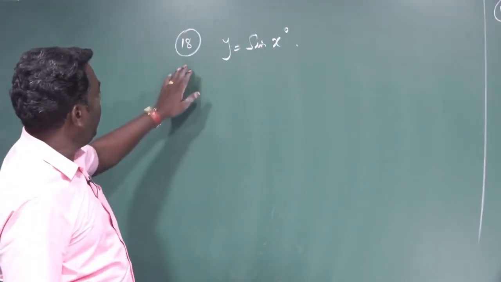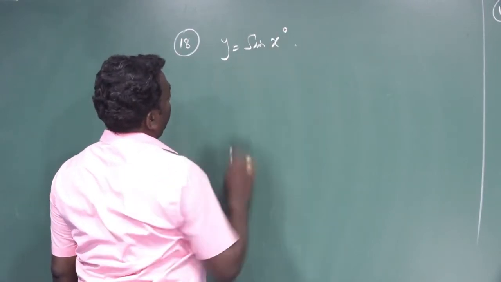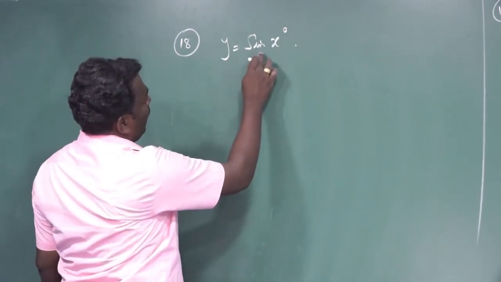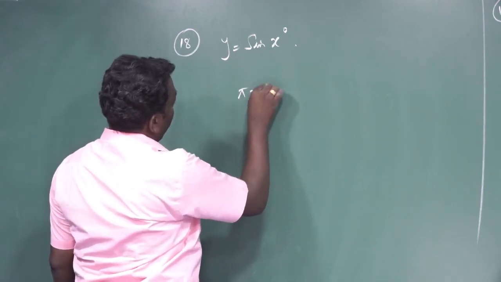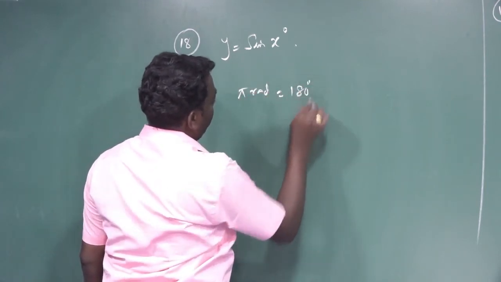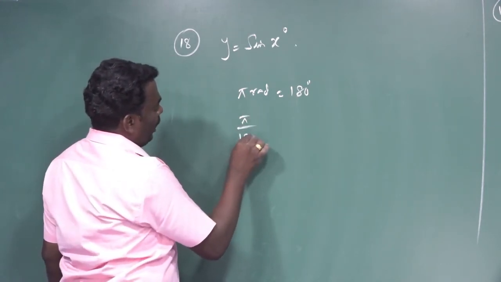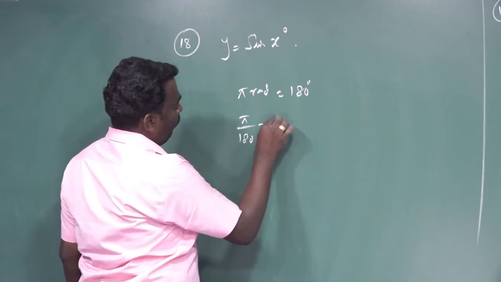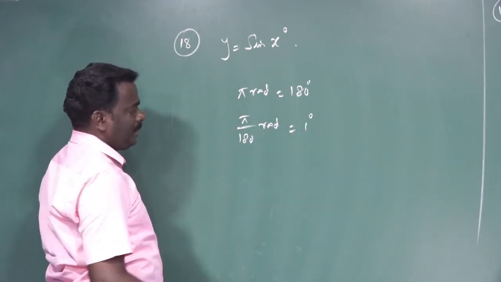Okay, come to the next one, the 18th. y equals sin x degree. So pi radian is equal to 180 degrees. We can write pi by 180 radian is equal to 1 degree. Just multiply on both sides by x.